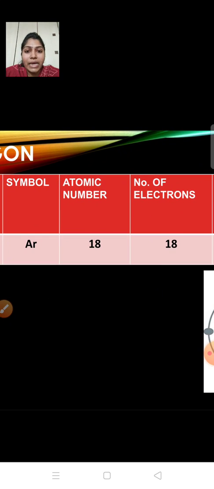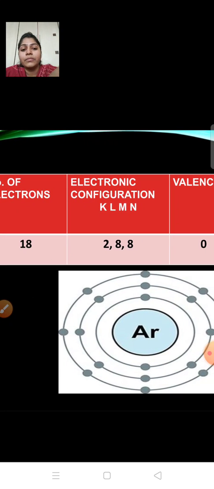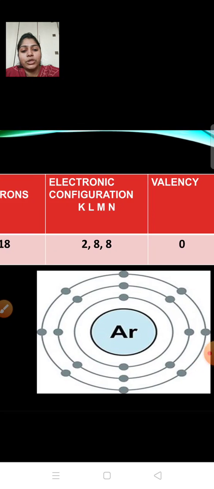And the next element, that is last element, is argon. Symbol of argon is Ar. Atomic number 18. Number of electrons 18. Electronic configuration 2 electrons in K shell, 8 electrons in L shell and 8 electrons in M shell.